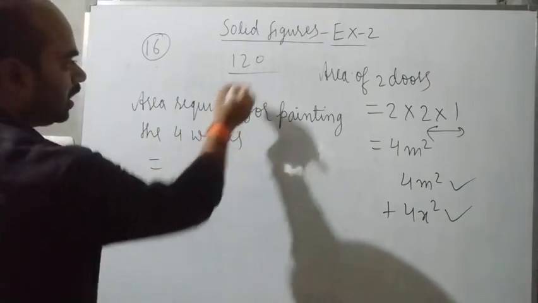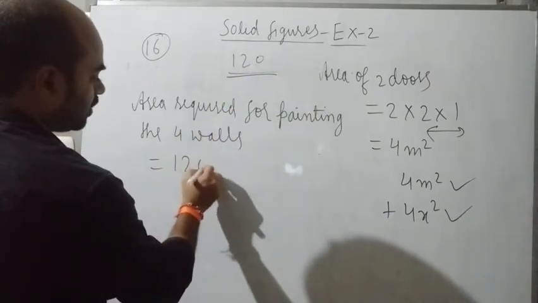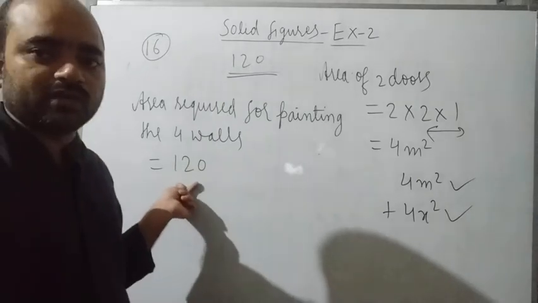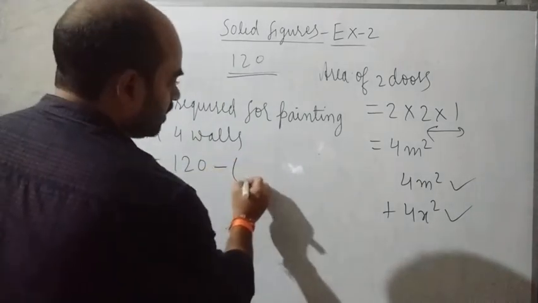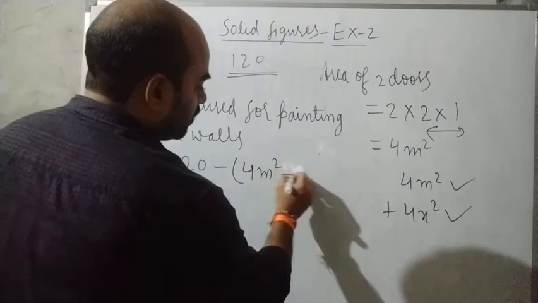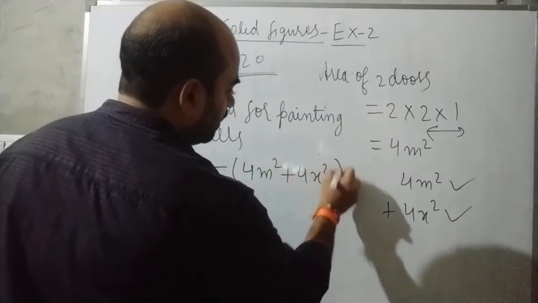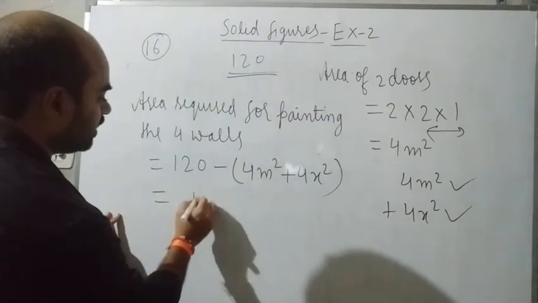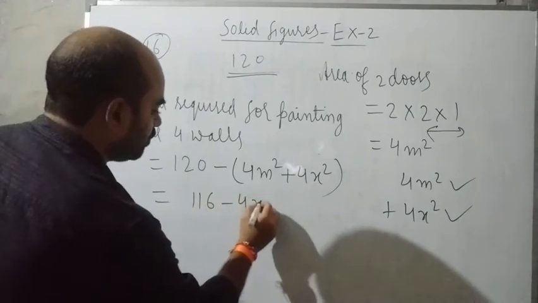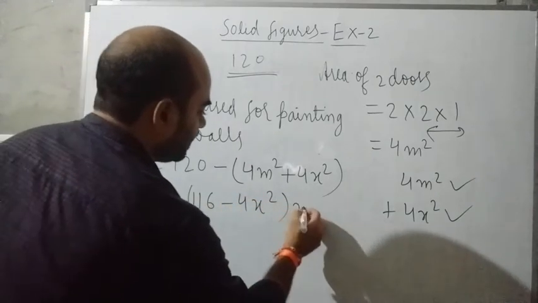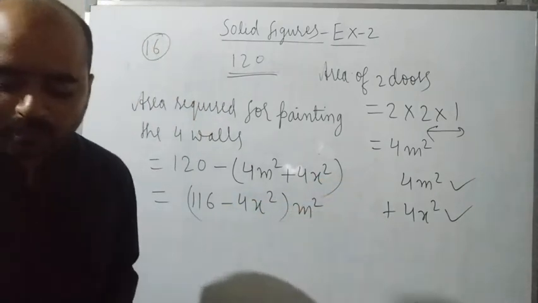This will be the total area of 4 walls, which we have already calculated as 120, minus the area of all doors plus the area of all windows. This will be 116 minus 4x square meter square.